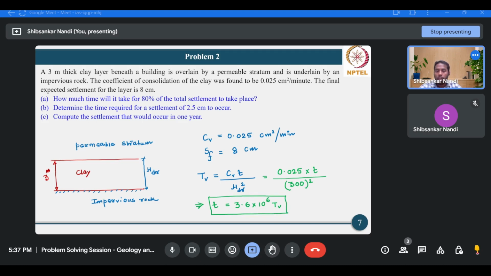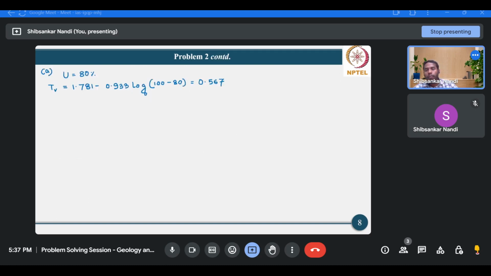So if we know the TV for a given percentage of consolidation, therefore we can easily calculate the required time. For example, we know the TV value for 80% consolidation and it's 0.567.